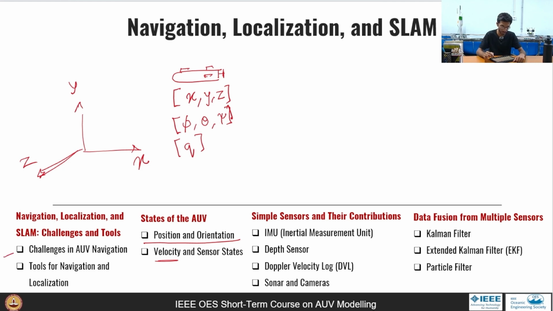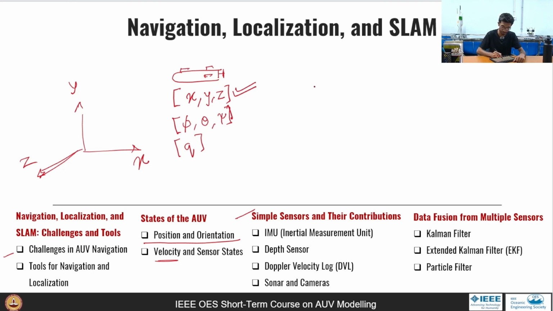The key challenges in AUV navigation are the fact that there is no sensor that is easily available which can give the AUV's global reference position very easily. Since GPS is not accessible in underwater regions, we have to rely on different sensors and combine their information to get a better estimate of the AUV's position. Here are some sensors listed down which are commonly used in AUVs. One of them is the IMU sensor.